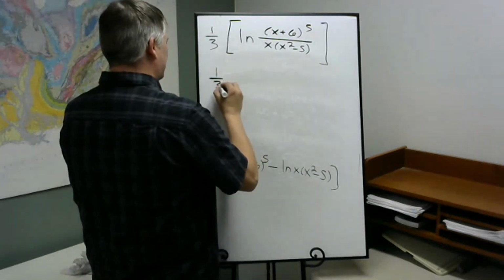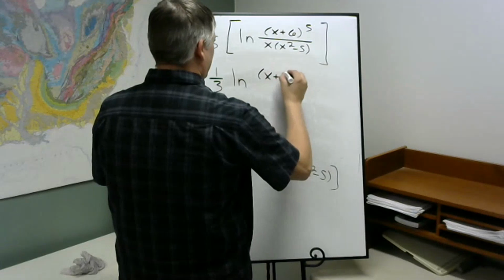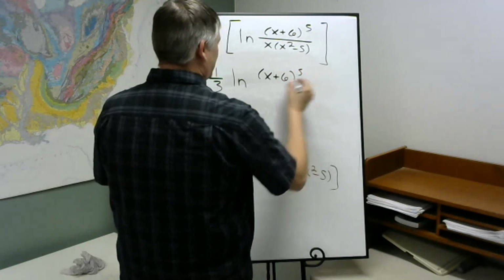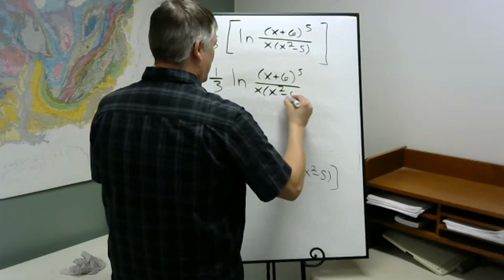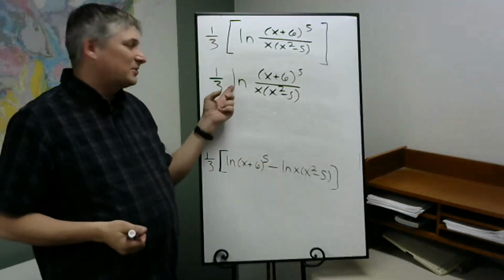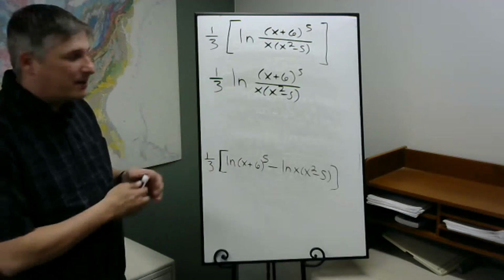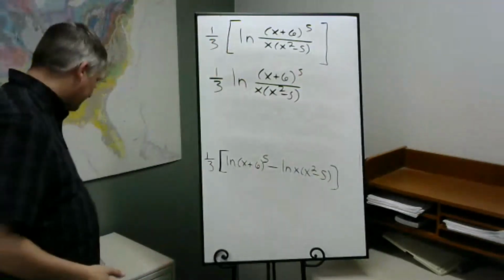Now we can drop these brackets. We'll get 1/3 times the natural log of x plus 6 to the 5th, x times x squared minus 5. Now, this is something sitting next to a logarithm. So this is ultimately a power of the entire thing in the logarithm.